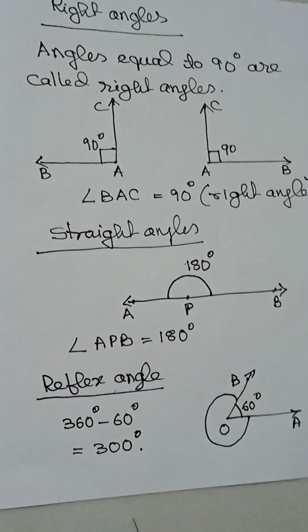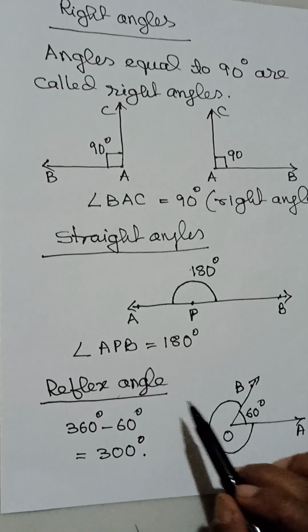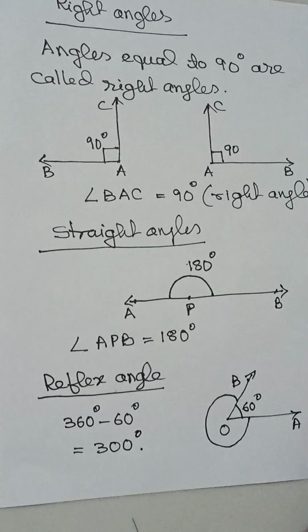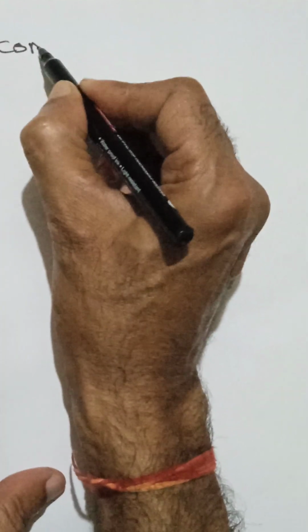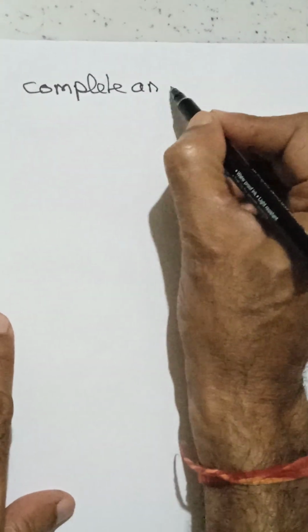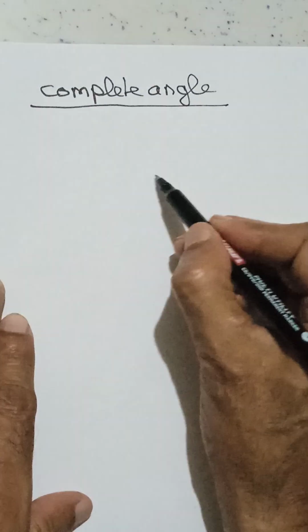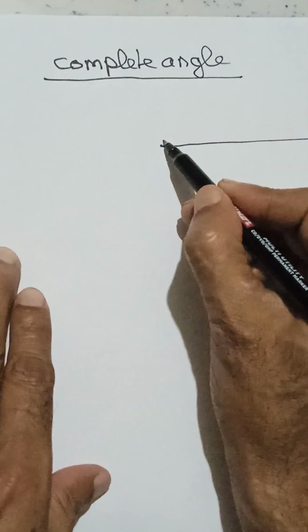Guys, before explaining the reflex angle, I missed explaining the complete angle. So we'll describe what a complete angle is, then you will understand the reflex angle. Complete angles. Guys, we draw a line AB.